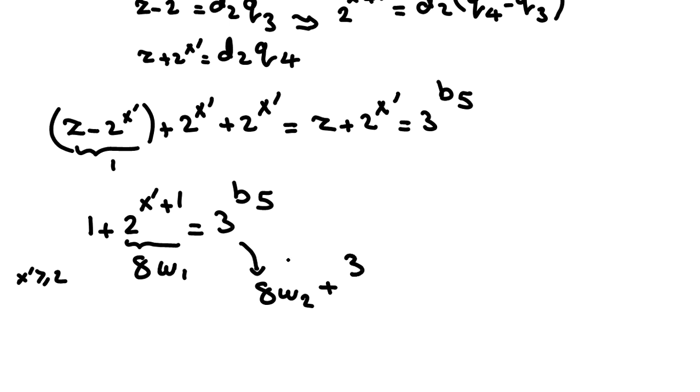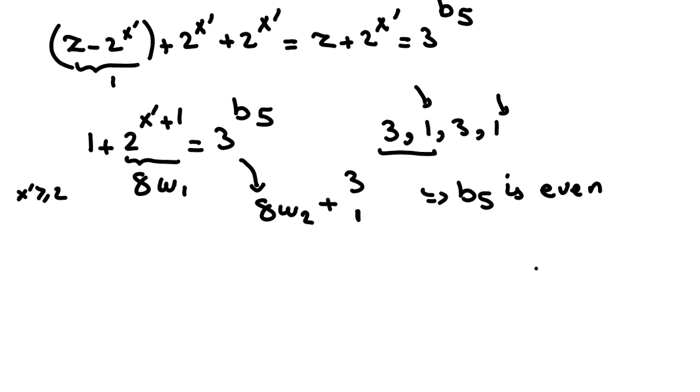At first 3, then 3 squared is 9, 9 is 1. The next one 3, 1, 3, 1. So the period when divided by 8 is 3, then 1, then 3, then 1. The period is 2. So because it should be 8w1 plus 1, it should be only these numbers. So only even numbers. So we understand b5 is even.